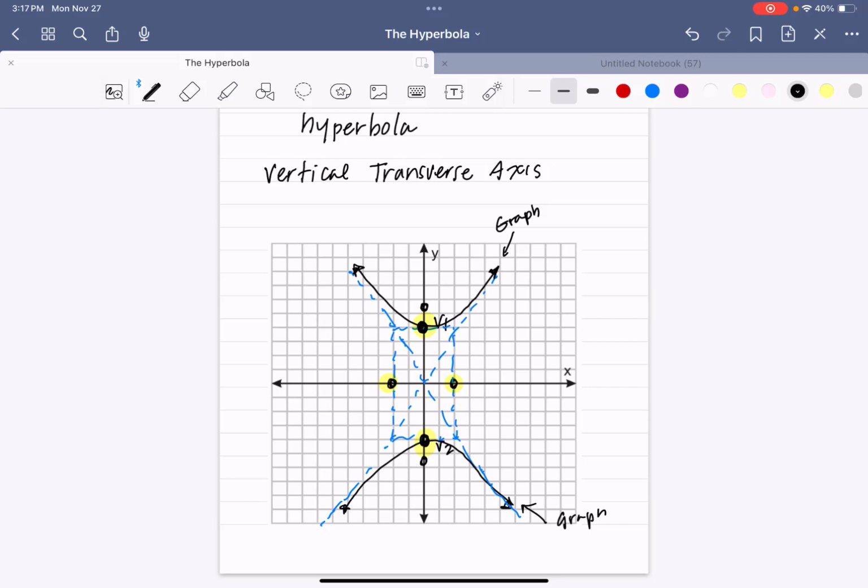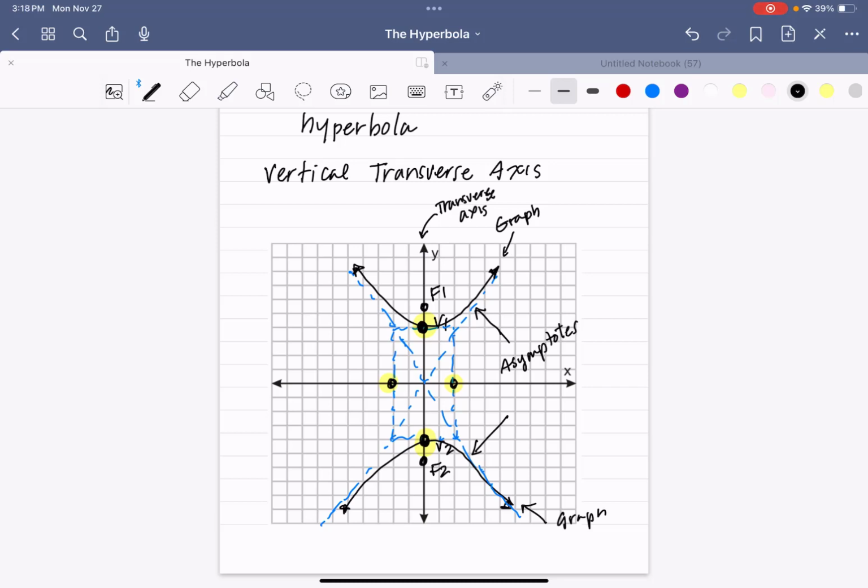They'll be about here and here, and I'll show you how to find those exactly. So foci 1, foci 2 will be on the transverse axis. So here's your transverse axis. And of course, you also have these blue dotted lines that I've drawn here, and those are the asymptotes. So those are all the parts that we're talking about.